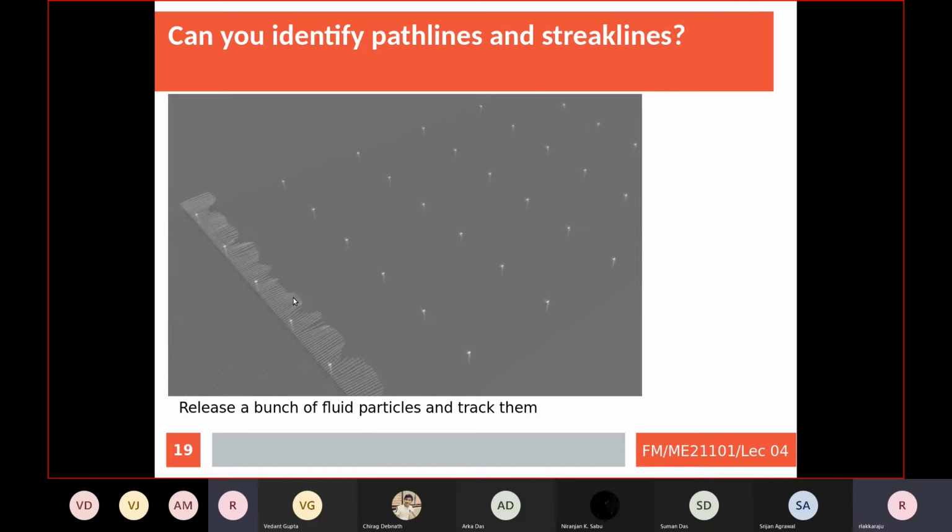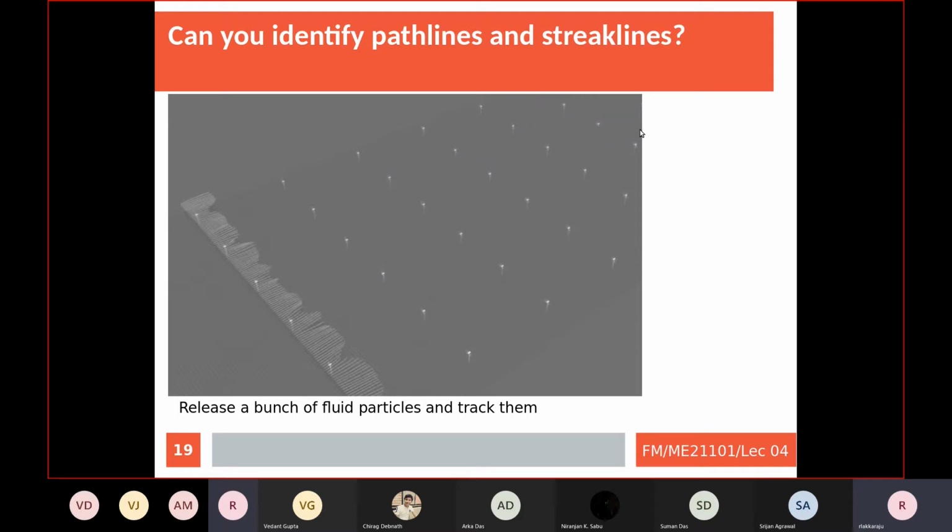That is what we call path line. From here, if I begin, it can come, go, it can walk around like that. It can spin around, it can come and go. That line we call path line, because I'm tracking only an individual particle.